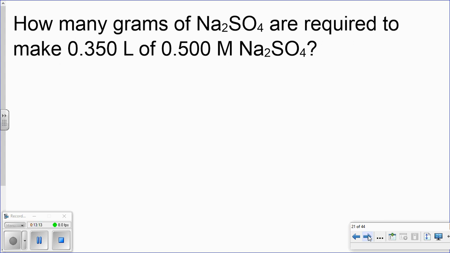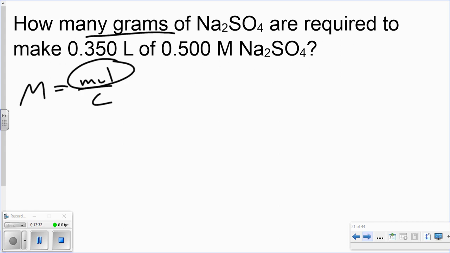Okay, how many grams of Na2SO4 are required to make 0.350 liters of a 0.500 molar Na2SO4? I'm not going to do this one, but I'm going to show you how to do it. It says how many grams. The only way I can calculate grams using the molarity equation is to first solve for moles. Once I solve for moles, I can use the molar mass conversion factor to find mass.